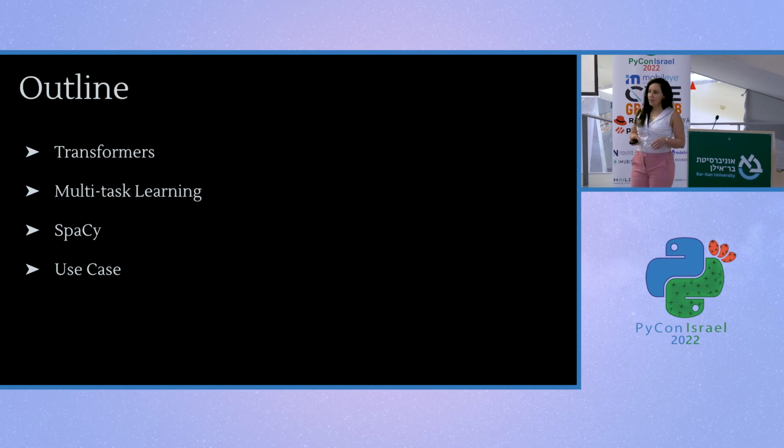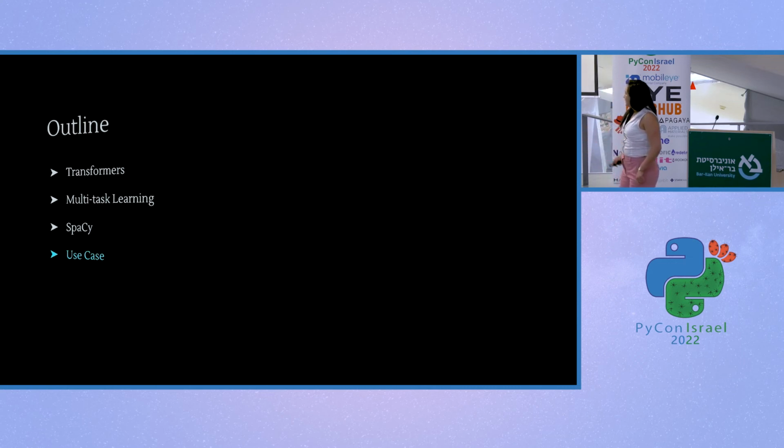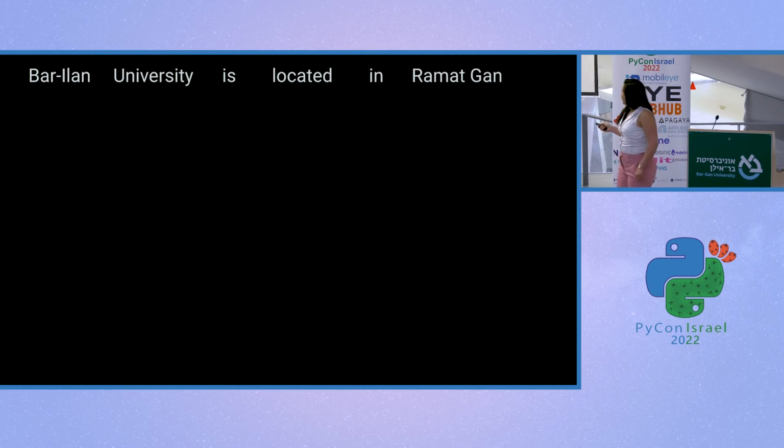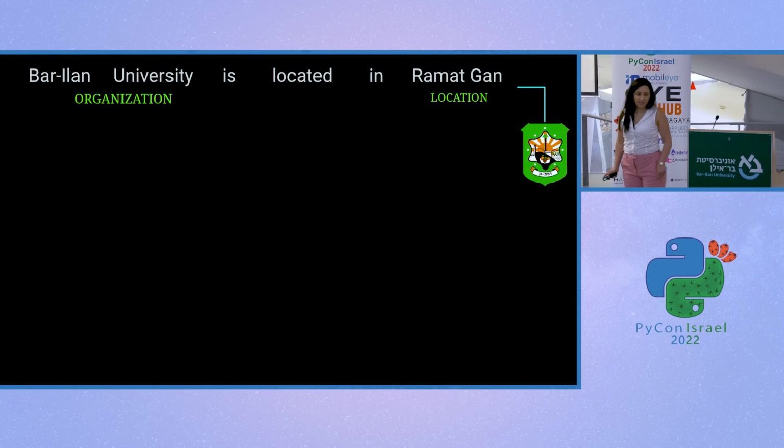Okay, so now that we have the key concepts in mind, the language processing pipeline and the configuration system, let's put it all together and see how we can use it in practice. So we want to build an NLP system that tags the entities in the text and later assigns them unique identities.